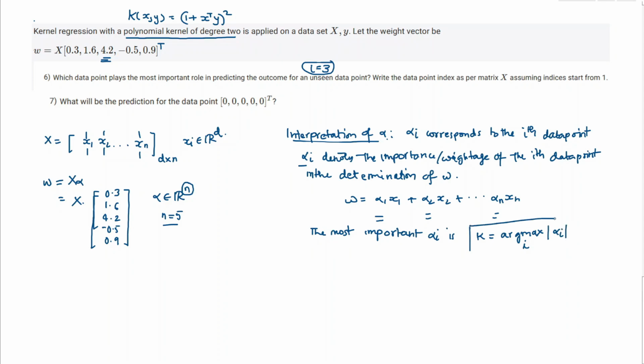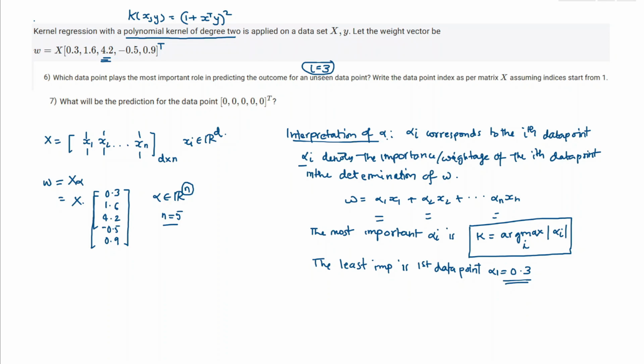So we will be looking at the absolute value, and here in absolute value 4.2 is the largest. So the third data point is contributing the maximum to the determination of w. Again, w is also something which we do not know yet. At the same time, we can also observe that the least important one is the first data point. Why is that the case? Because alpha 1 is equal to 0.3, which is of minimum magnitude.